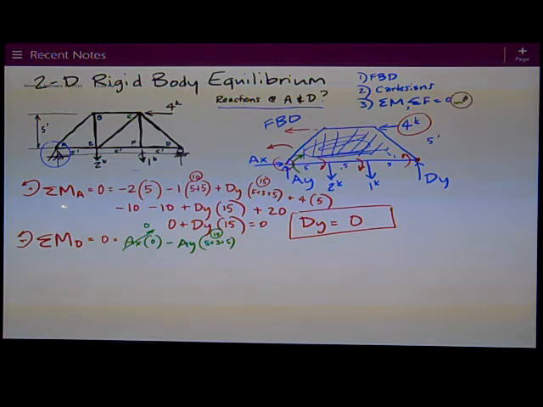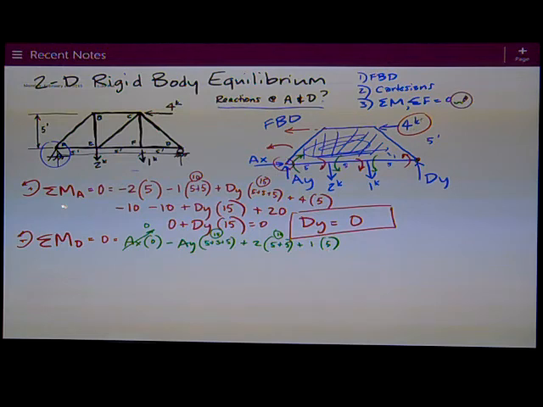Then I got 2 kips trying to rotate. Now I'm rotating about D, remember? That's going to try to create counterclockwise rotation, so it's going to be plus 2 times 5 plus 5, for 10. Then I've got 1 kip trying to also create counterclockwise rotation, so it's plus 1 times 5.